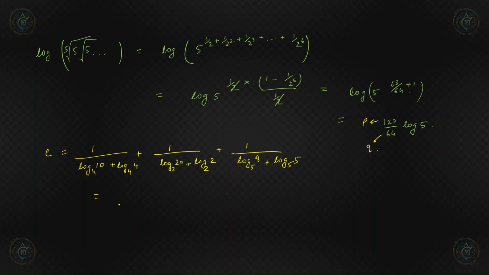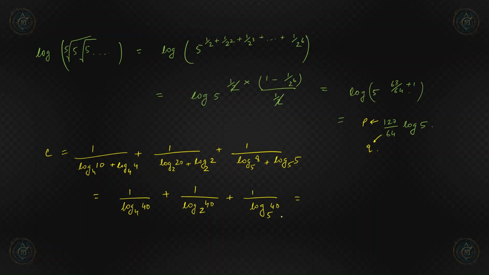Okay, so this becomes 1 divided by log 40 base 4 plus 1 divided by log 40 base 2 plus 1 divided by log 40 base 5.